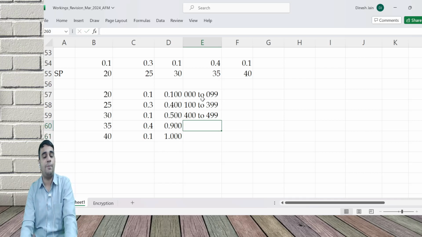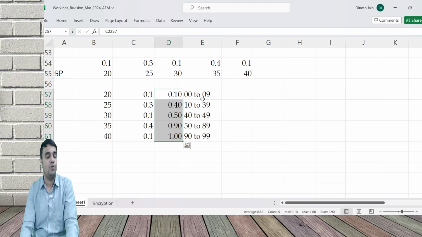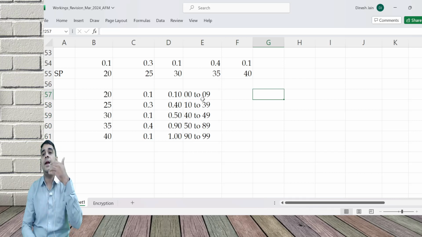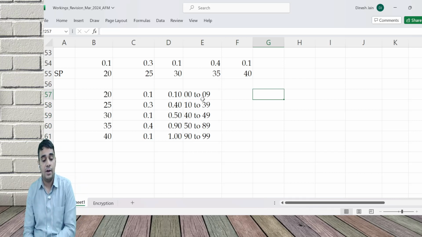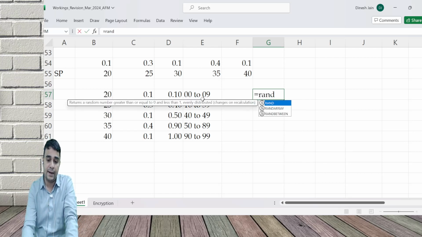We have put some random numbers. Let's take 2 digits. Now I'll be running the experiment 1500 times. In the first experiment, I want to know what will be the selling price. I'll do a very simple thing: I'll just pick a random number.